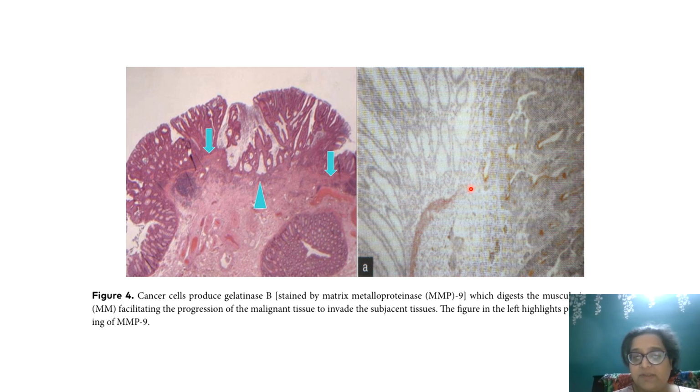So they found that the presence of MMP9 will digest the surrounding lamina, the stroma, and help in invasion of the cells. So they wanted to test that theory in a polyp which is showing invasion, whether that is true or not. And yes, they saw presence of MMP9, brown color, in the area where it is converting into a cancer. So this is just for you.